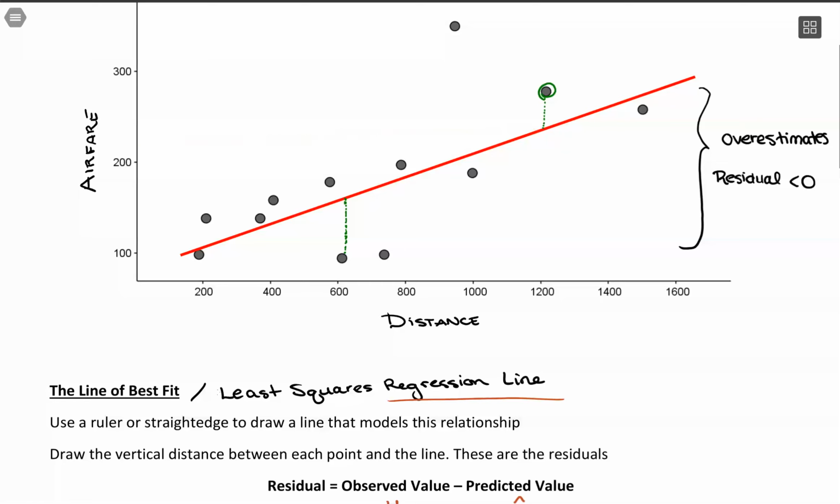So we're taking this observed $278 and subtracting this prediction of 210. Well, this is a case where if you know you're flying to Dallas from Baltimore, whatever the prediction was, they say you're going to spend $210, but then you go to pay for the flight and it's actually $278. So that prediction was low.